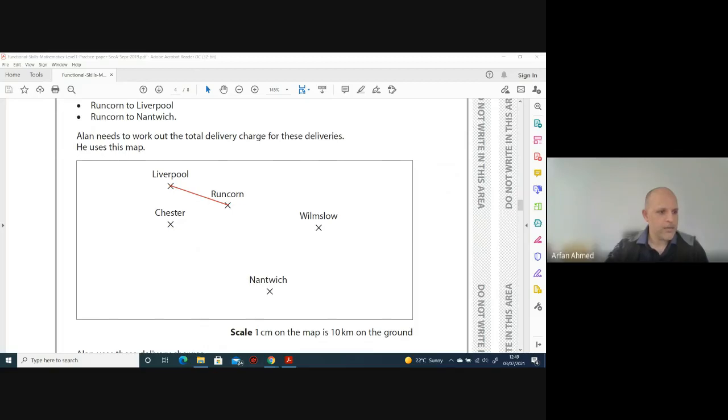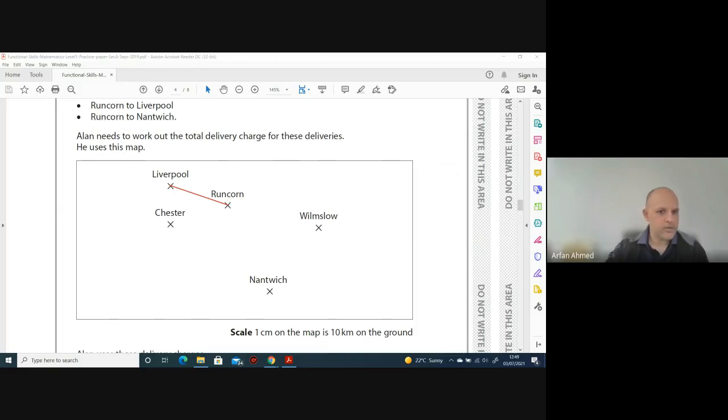So let's call it 2.5 centimeters. I know some people got 2.7. If you got roughly about 2.5, that's absolutely fine. If you got like 3 centimeters, you're way off. You have to be within about 1 or 2 millimeters of your answer.